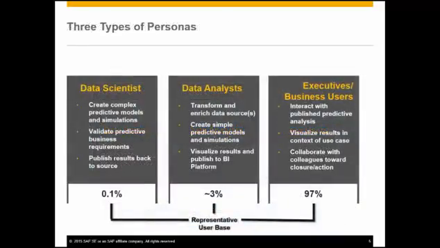All right, so again, we have three types of users, or three types of personas. Again, about 97% will be business users or executives, and how they will utilize analytic applications. And about 3% of you can become a data analyst.